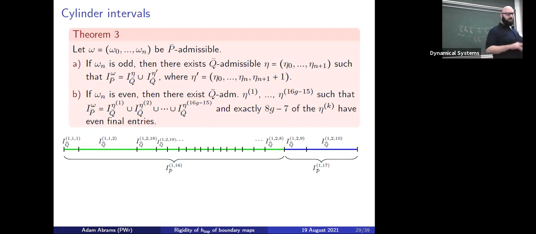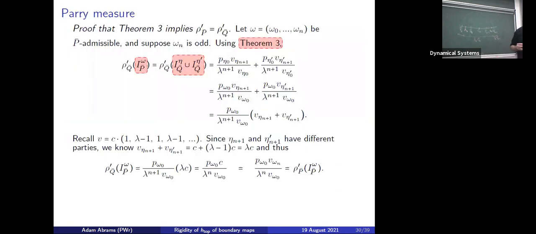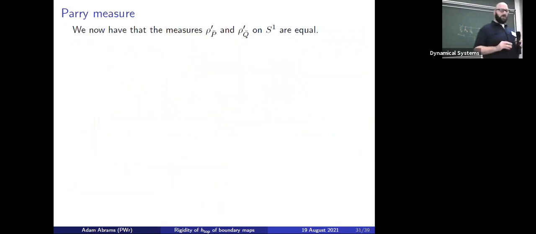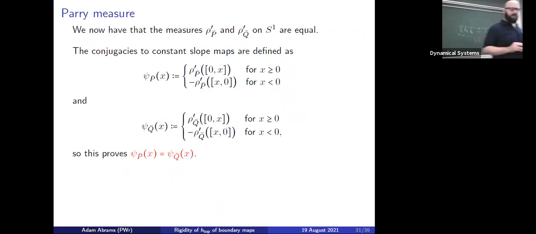The cylinders for P can be decomposed as a union of cylinders for Q. So there is some nice relationship between FP and FQ in terms of the symbolic codings. And in some detail that would take another 50-minute talk to really do in full, we end up proving that psi P and psi Q are equal.